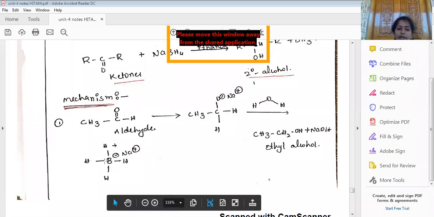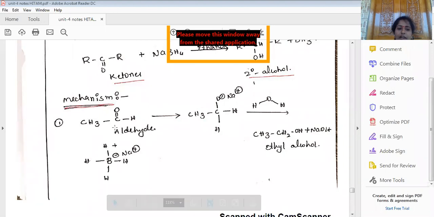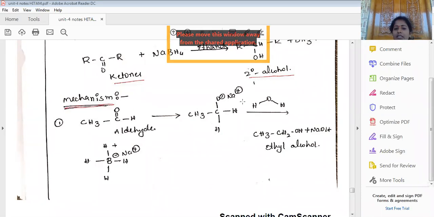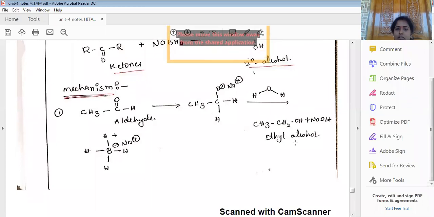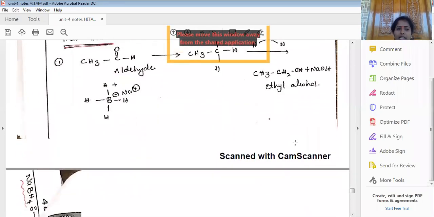When sodium borohydride is added, the important step is addition of the hydride ion to the carbonyl center. When hydride is attached to the carbonyl center, O minus is neutralized by Na plus, which is further hydrolyzed by a water molecule, and formation of ethyl alcohol is possible. Ethanol is generated here. So this is about the mechanism.